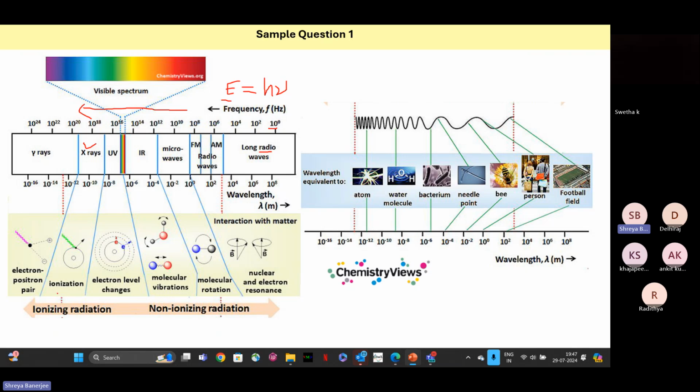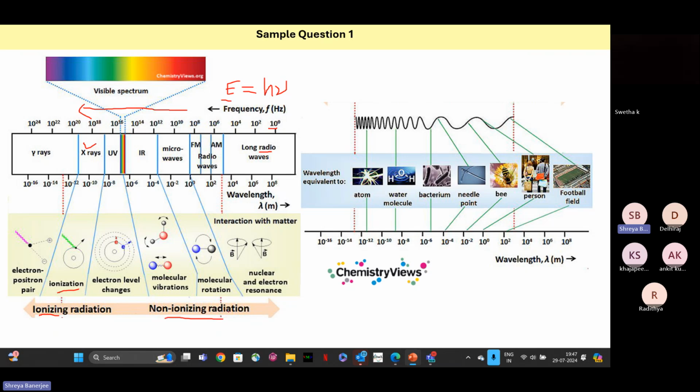So the compound becomes ionized. So the compound itself is undergoing a change, and it's called a destructive method of spectroscopy, or ionizing radiation. But your NMR, which uses radio waves, falls in the non-ionizing radiation.